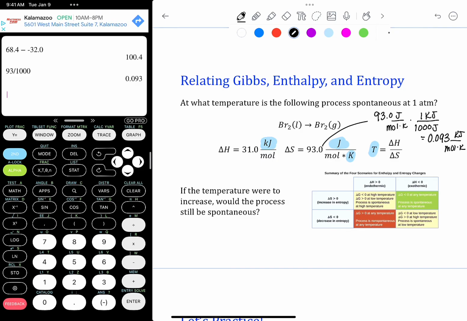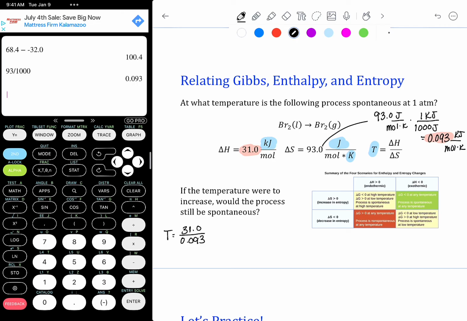So we can plug in our two values, our delta H of 31 kilojoules and our delta S of 0.093. So the temperature is going to be equal to delta H 31.0 over delta S 0.093.